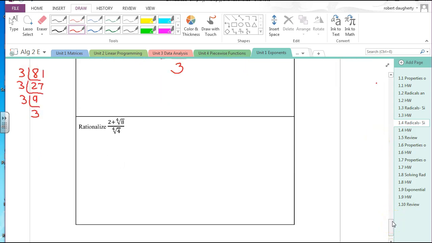Okay. So, this one, I want to rationalize. First thing to do is look at the denominator. Okay? What do I see? 4th root of what? 4. Okay? So, is there any way it can be simplified or rewritten?